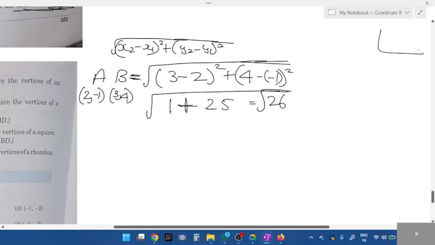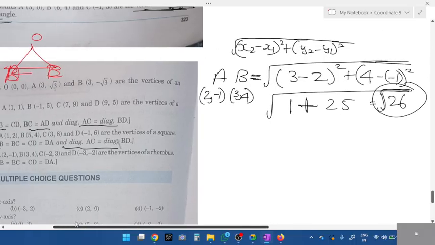What do you get? 2 into 13, 13 into 1. Do we have any common values here? Two values, Delisha? Where do we have two values? Everything is present only once, right? So you can't factorize. What's the answer? It is root 26.